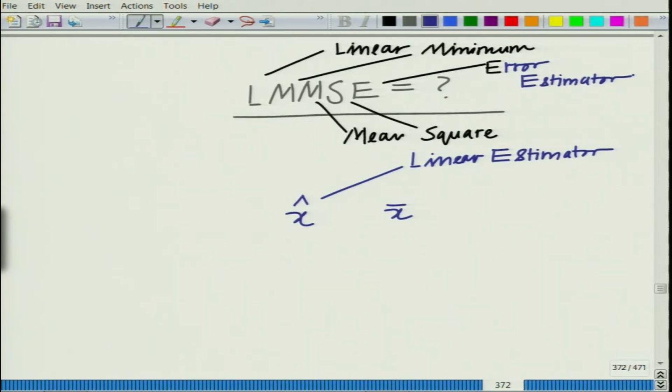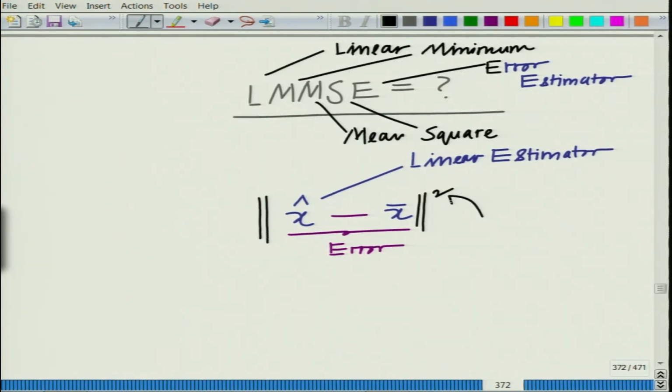Now we need to find the error between the estimator and the actual quantity. So, this basically is the error. And now, we take the square of this error, you take the norm.